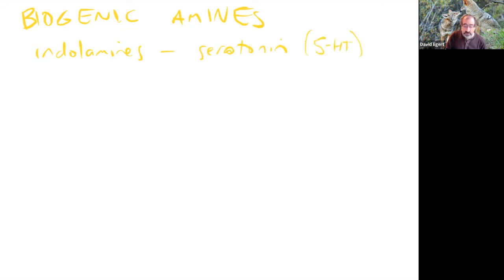This is from tryptophan. There's the catecholamines. Catecholamines are derived from tyrosine. It's just another amino acid.